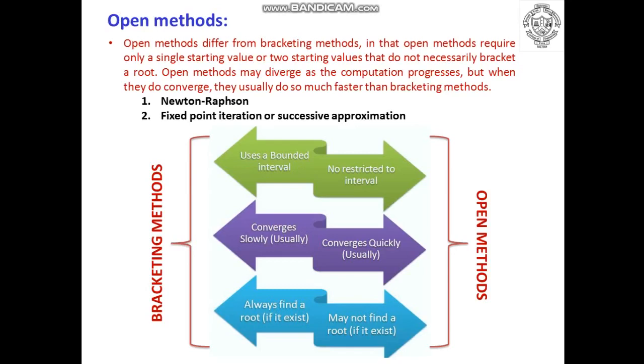Open methods differ from bracketing methods in that open methods require only a single starting value, or two starting values that do not necessarily bracket a root. So a major difference between open methods and bracketing methods is that bracketing methods require two initial guesses such that the root must lie within those two initial guesses.